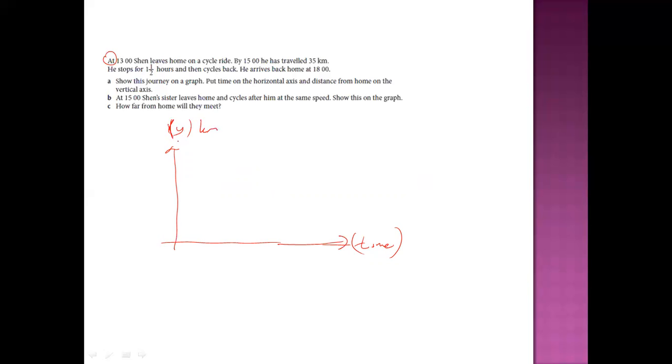So the y-axis is kilometers and the x-axis is time, hours. So Shan left at what time? At 13 o'clock, in the afternoon, and by 15 he has traveled 35 kilometers. So it's 35 kilometers here.